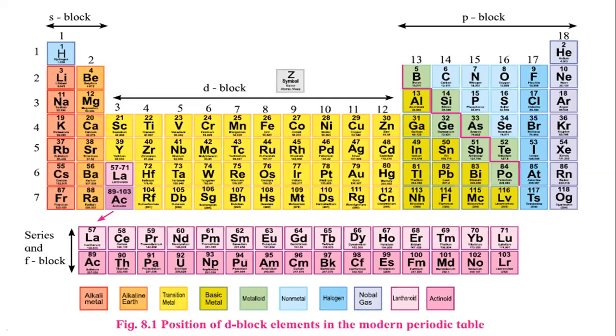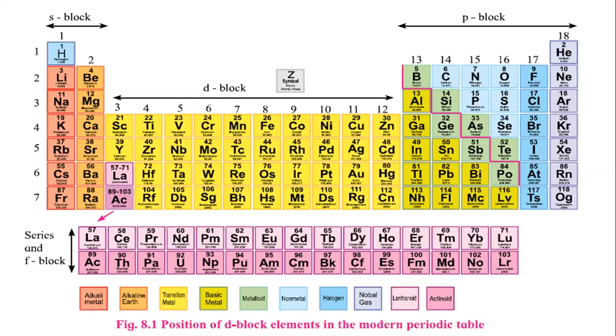So according to the new IUPAC definition of the transition elements, the elements in which the d orbital should be partially filled or incompletely filled are called as d block elements. But these zinc, cadmium, and Hg show completely filled d orbitals. That's why these are not included in the transition series, remember.